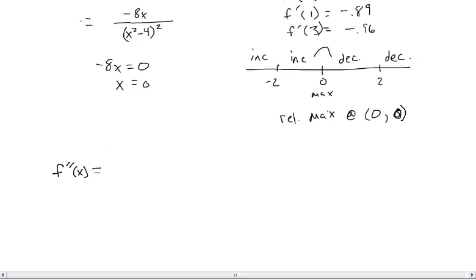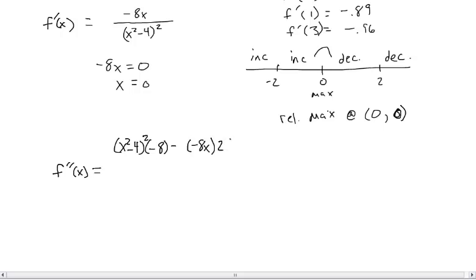And remember, this is the first derivative that's in the simplest form. So now we're going to do the quotient rule again. So we have (x² − 4)² times −8, minus −8x times the derivative of the denominator, which is the chain rule.